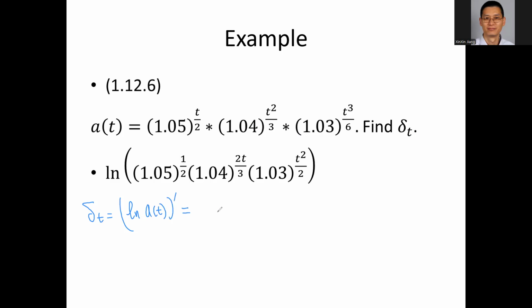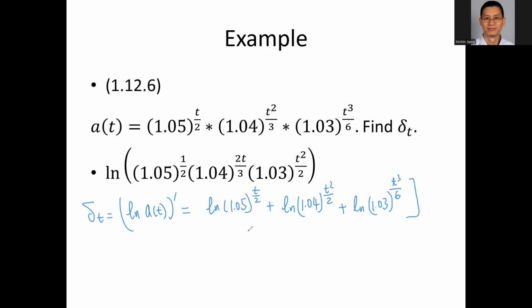Then log of the product equals the sum of the logs. So I have log of 1.05 to the t over 2, plus log of 1.04 to the t squared over 2, plus log of 1.03 to the t to the third over 6.